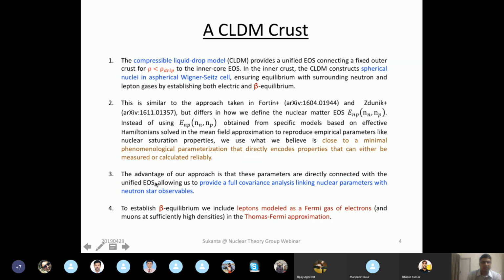The advantage of our approach is that these parameters are directly connected with the unified equation of state, thereby allowing us to provide a full covariance analysis.